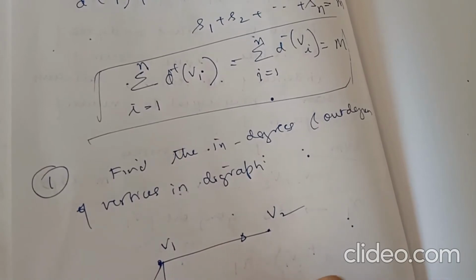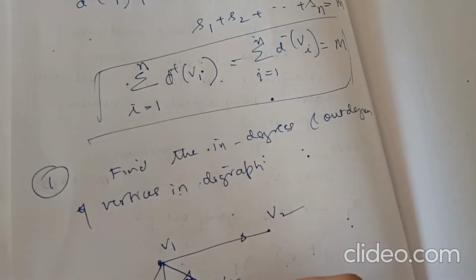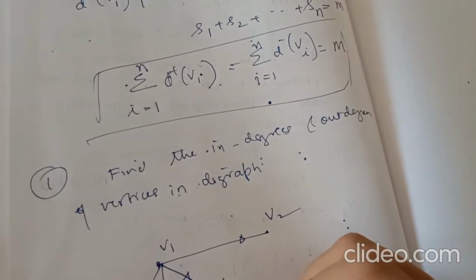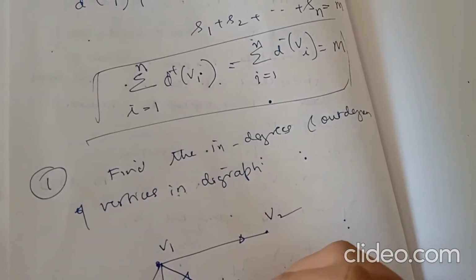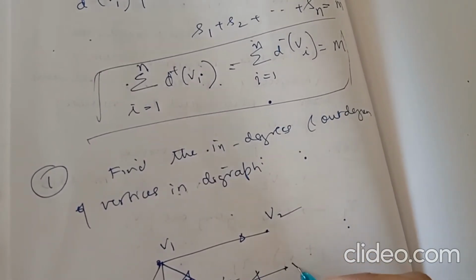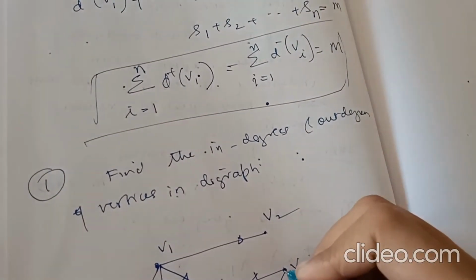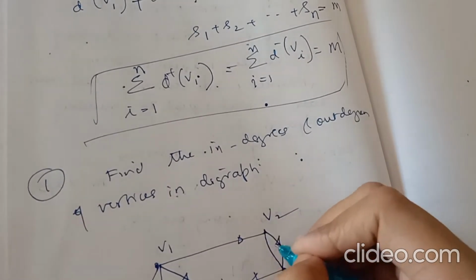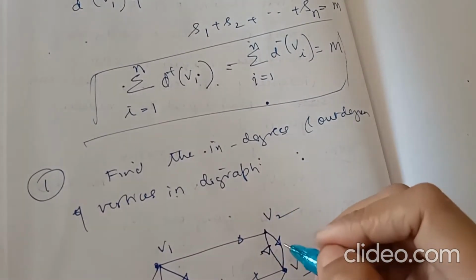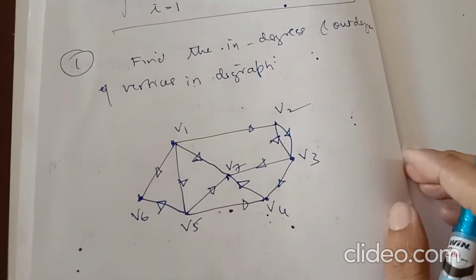Then there is an edge from vertex V5 to V7 and V1 to V7. Likewise from V5 to V4, from V4 to V7. We have an edge from V3 to V7, V3 to V4. And there is an edge from V2 to V3, not a loop, it is directed edges. Multiple edges like that. So this is the graph and these are the edges for the digraph.